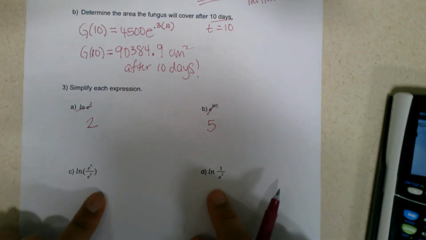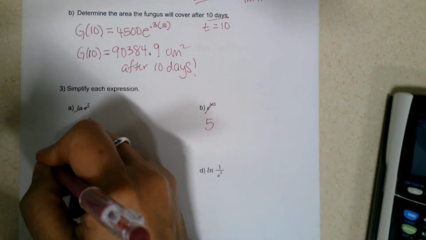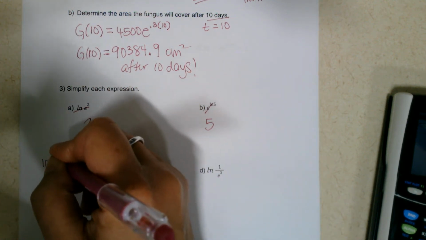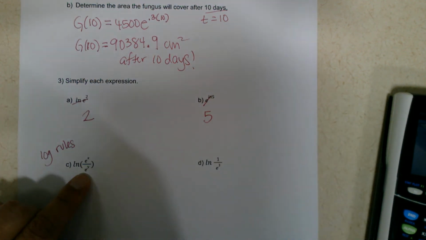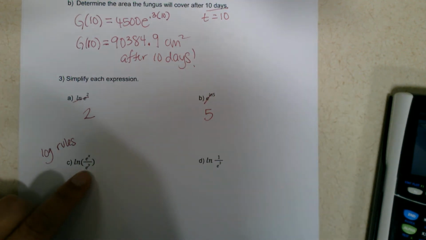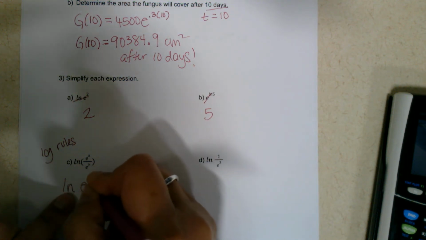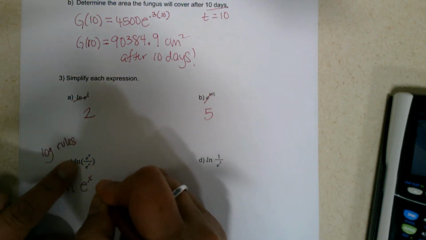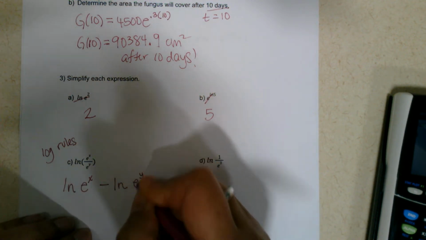All right, these two down here are a little bit different, because for this one we have to remember some of our logarithmic rules. Because we have division, we're going to have to split this up into the natural log of e to the x, and because we have division, minus the natural log of e to the y.